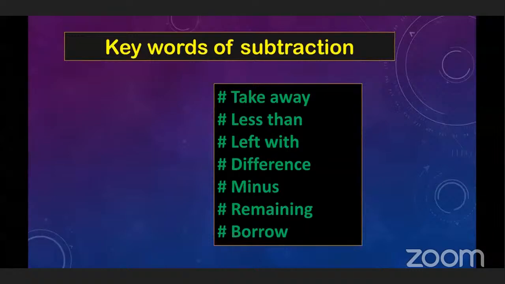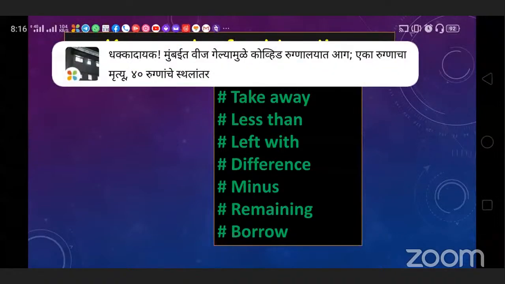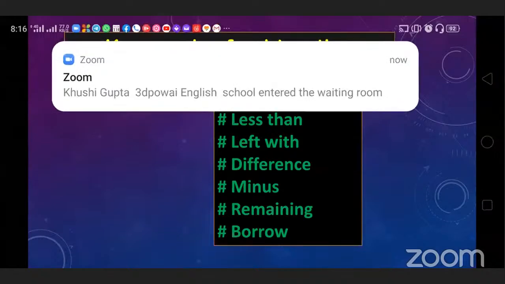Okay, again I'm going to repeat these words for you. Take away, less than, left with, difference, minus, remaining. These are some words, and the last one is borrow. Let's proceed to the next slide.